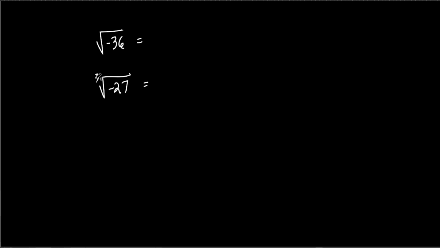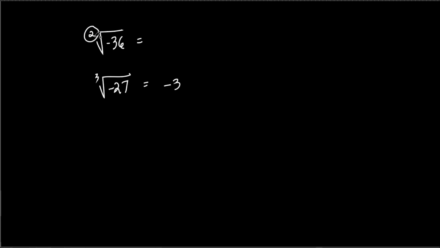Okay, so can you have a cube root of a negative number? Absolutely. Okay, and what would that answer be? It'd be negative 3. Because negative 3 times negative 3 is positive 9, but times another negative 3 gives you negative 27. So just because there's a negative inside of a root or a radical, it doesn't mean that you can't do it. The problem is when you have what type of a number?